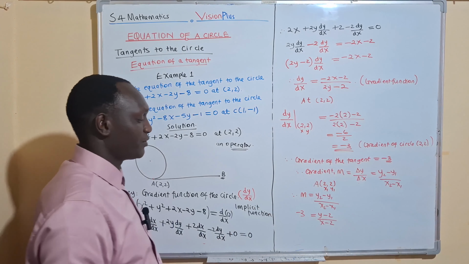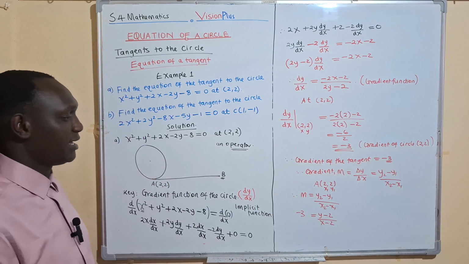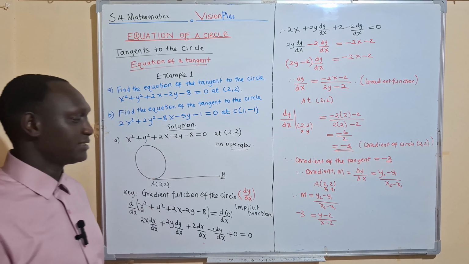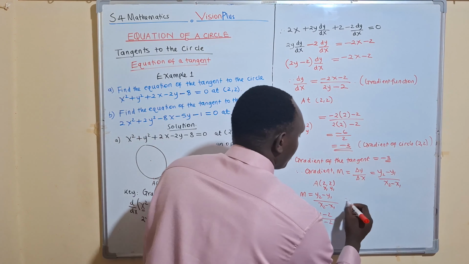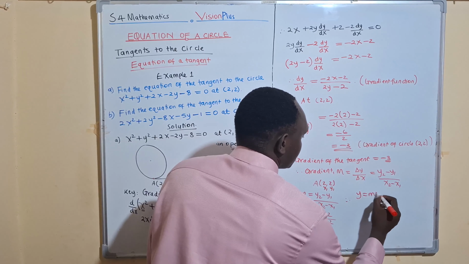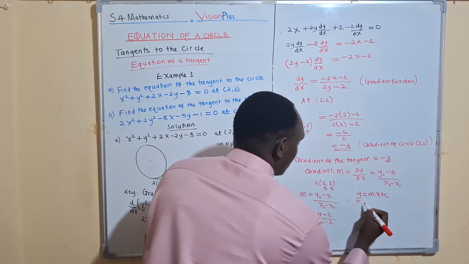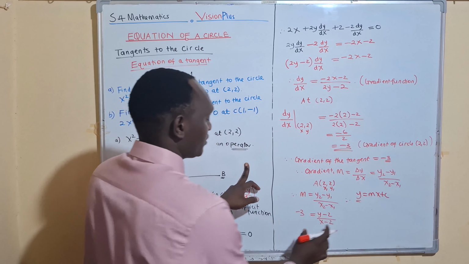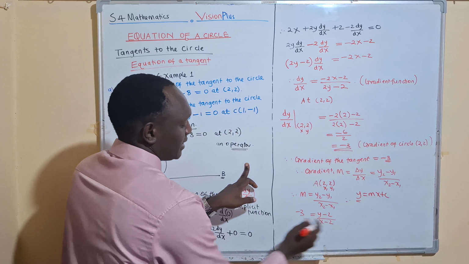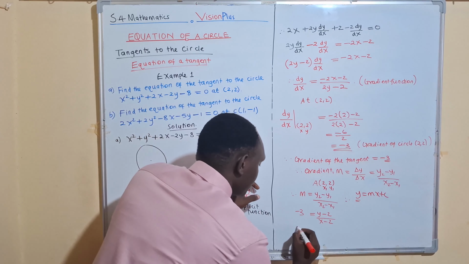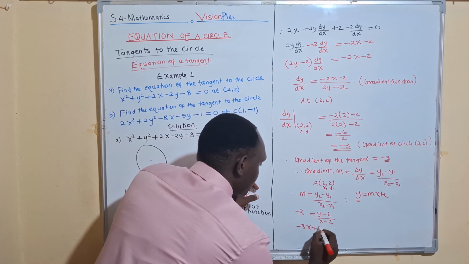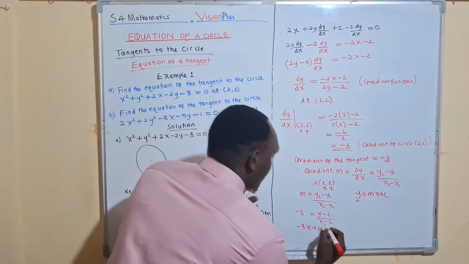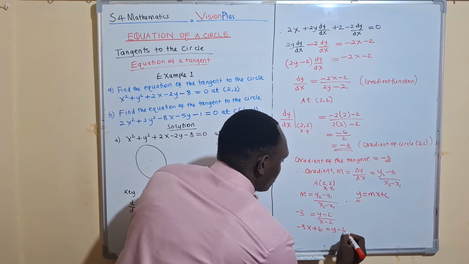Then from here, for it to be the equation of the tangent, which is a line, it must be in the form of y equals mx plus c. So let's make y the subject. So we shall multiply both sides by x minus 2. That means I will have negative 3x plus 6, okay, equals y minus 2.